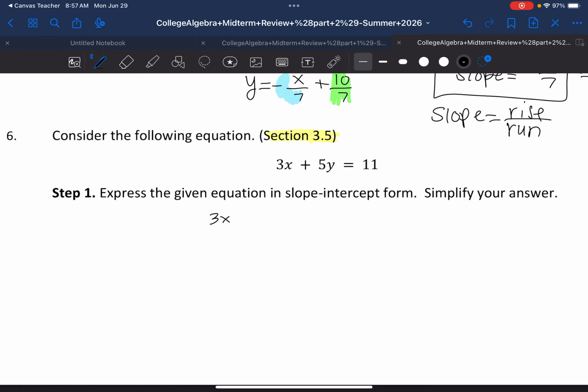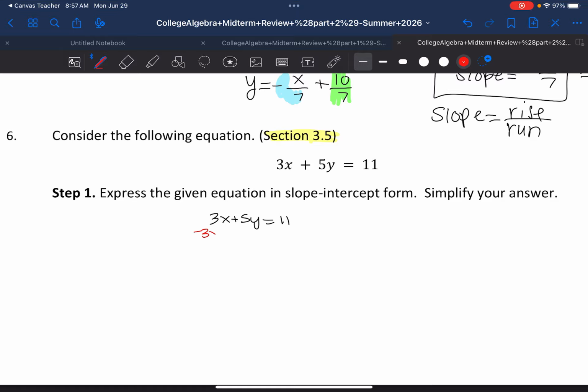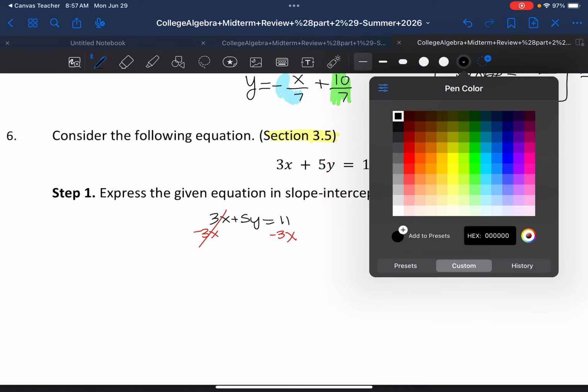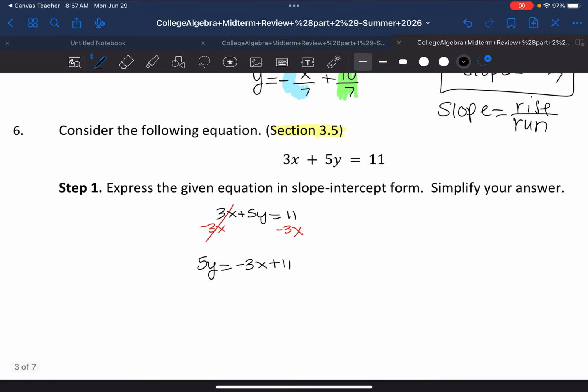So if I have 3x plus 5y equals 11, slope-intercept form again means to solve for y, get y by itself. So I'm going to subtract 3x from both sides, which leaves me with 5y equals negative 3x plus 11. Remember, I'm going to write that x term first. And then divide both sides by 5.